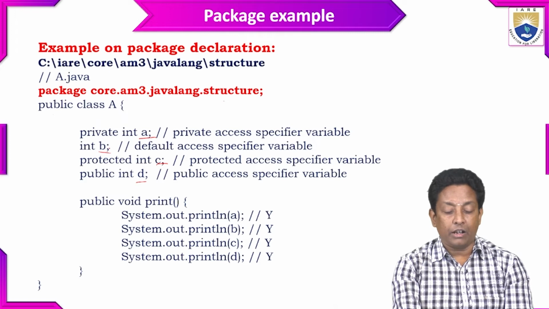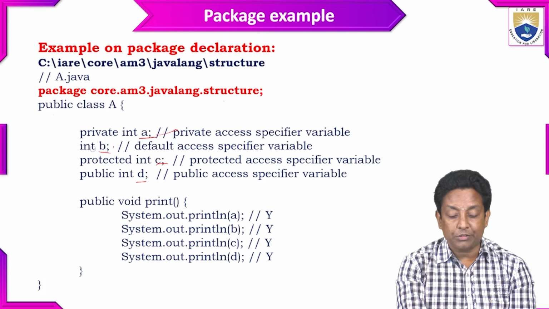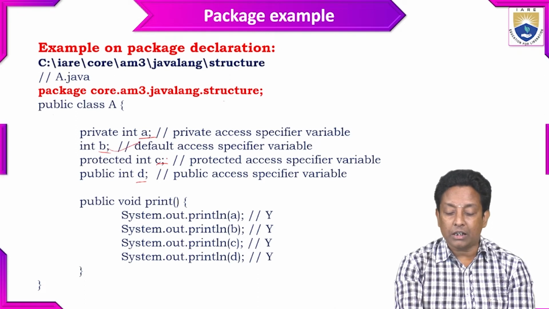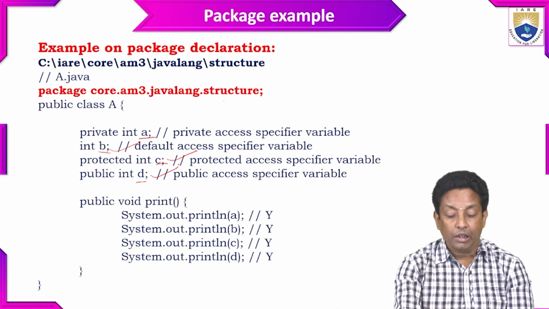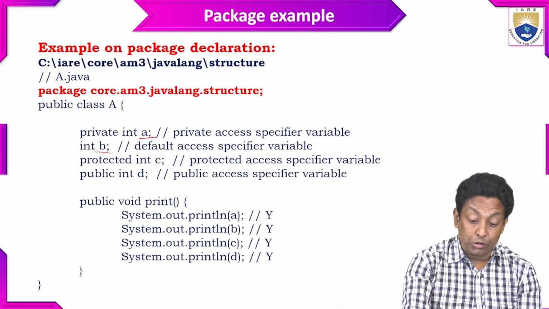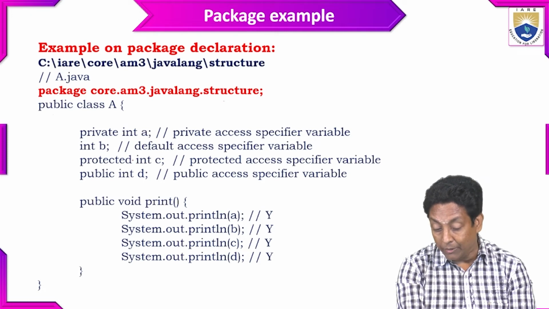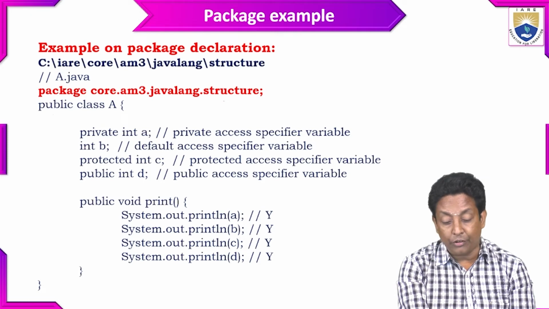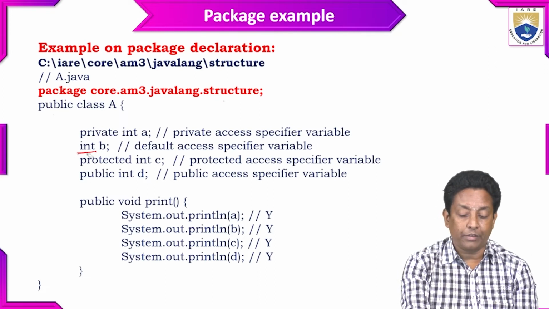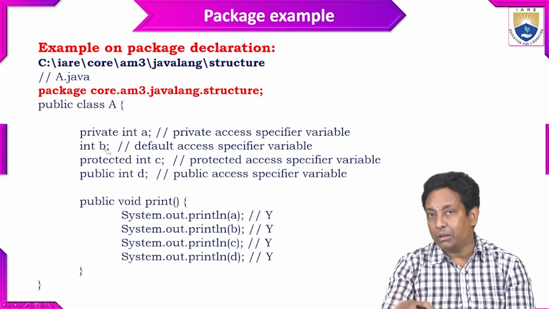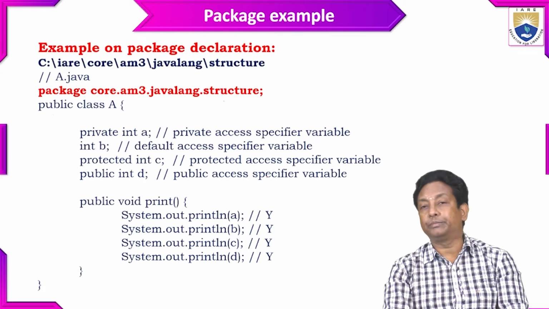So these are the private access specifier variable a, default access specifier variable b, protected access specifier variable c, and public access specifier variable d. I have even written a comment for each variable. If you don't prefix any access specifier, it is the default access specifier, and its scope is only within the package. That we'll see later. Then the protected variable and the public variable.